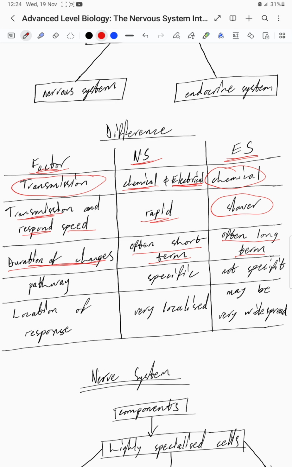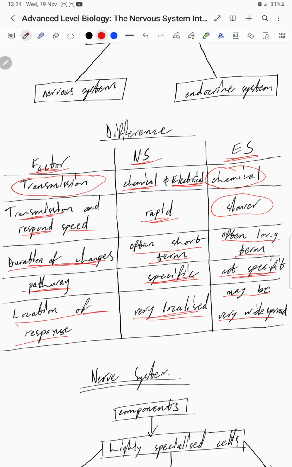And then looking into the pathway, in the nervous system the pathway is specific, and in the endocrine system it's not specific. And then the location of response in the nervous system is very localized. In the endocrine system it may be very widespread.